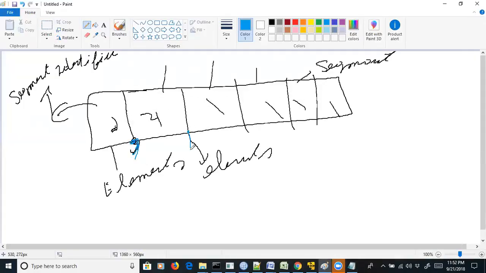So you have the element separator here, something like this. Then at the end of each segment we have something called the segment separator, or segment terminator, as we call it. So it is your segment separator.